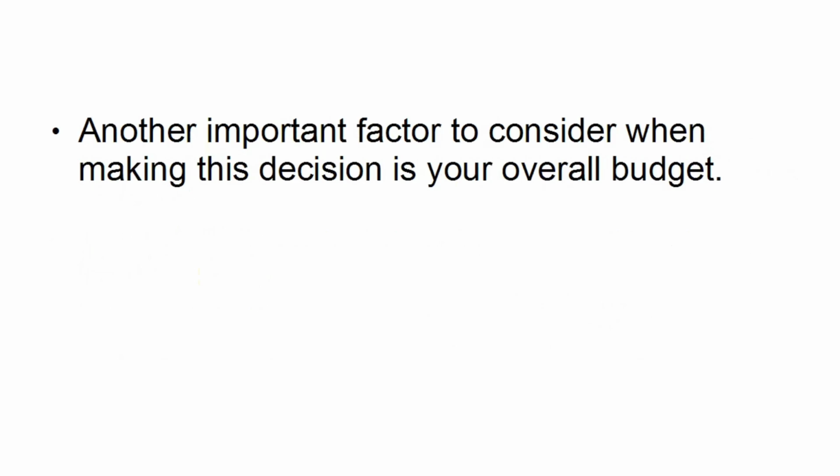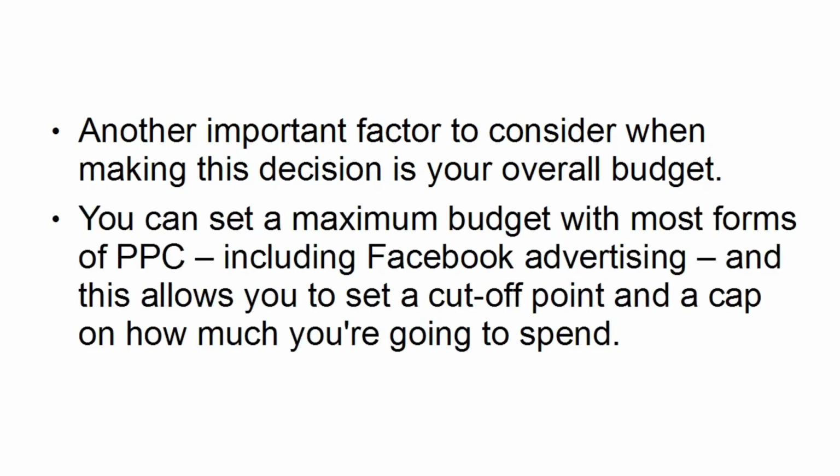And another important factor to consider when making this decision is your overall budget. You can set a maximum budget with most forms of PPC, including Facebook advertising. And this allows you to set a cutoff point and a cap on how much you're going to spend.